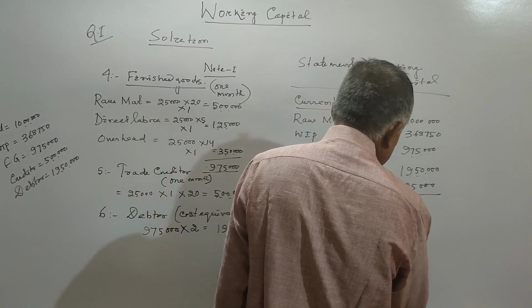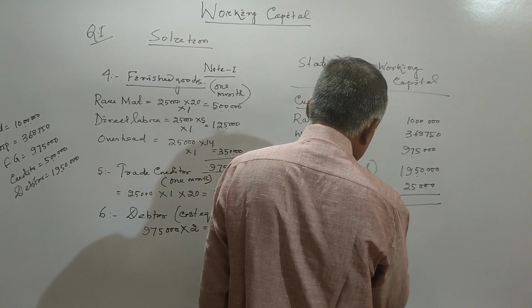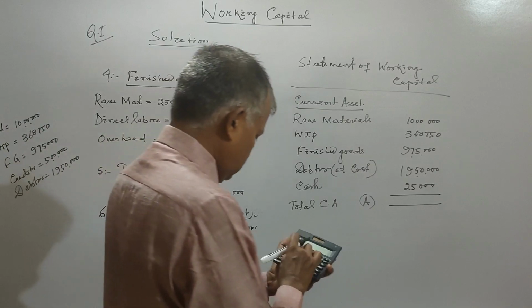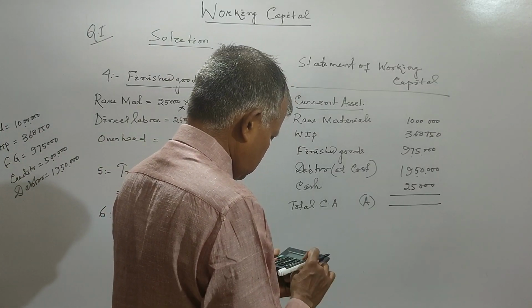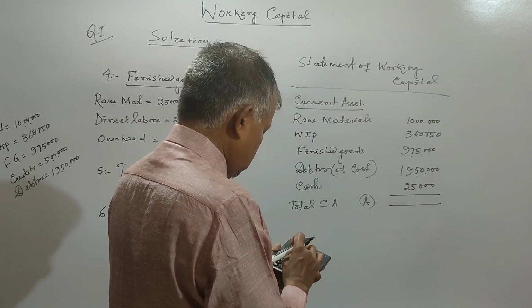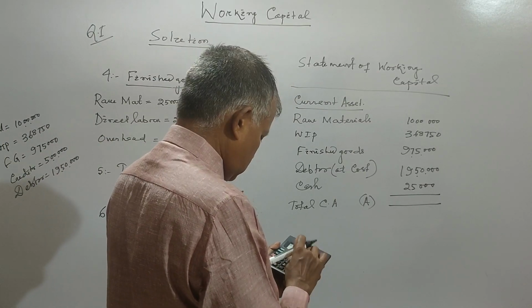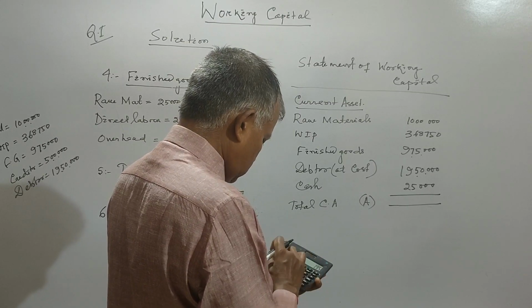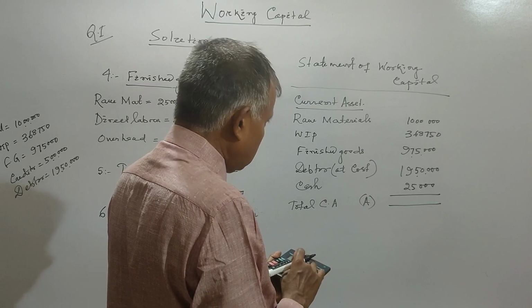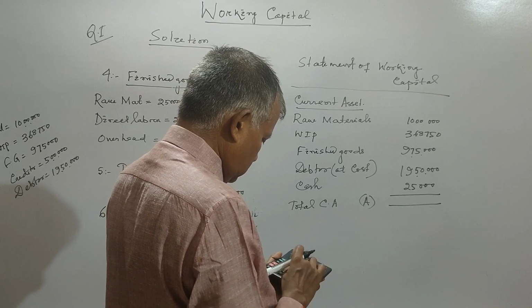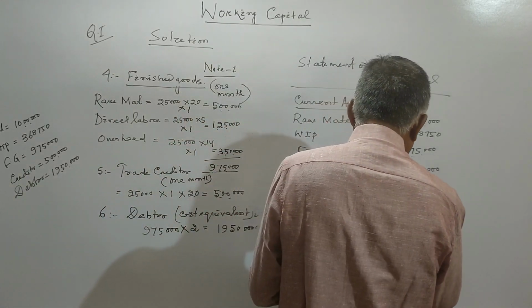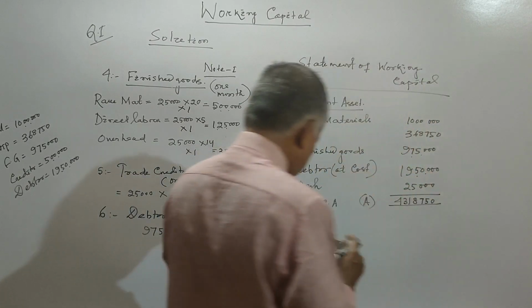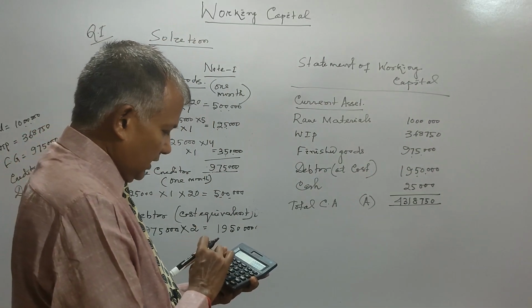This total current asset is also known as your gross working capital. 43,18,750. This is your total current asset.